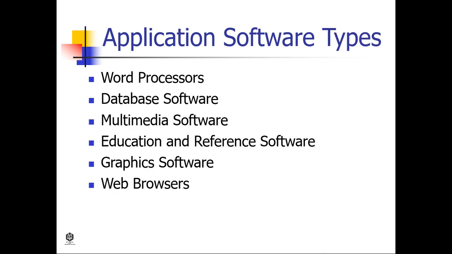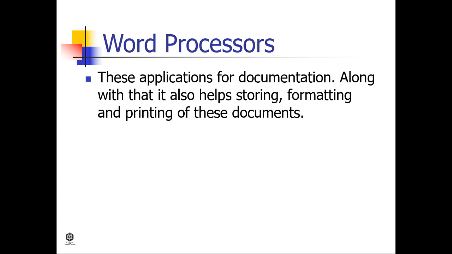There are various types of application software: word processors, database software, multimedia software, education and reference software, graphics software, and web browsers. Let's discuss first about word processors. These are applications for documentation.